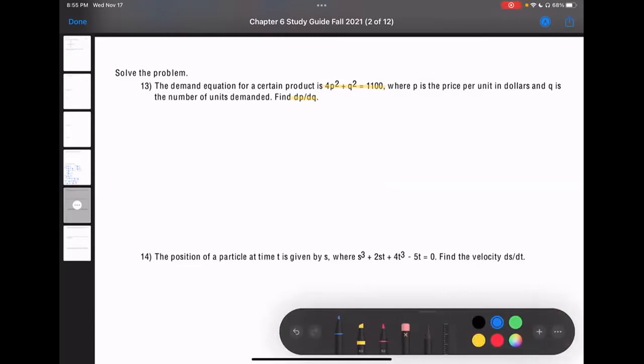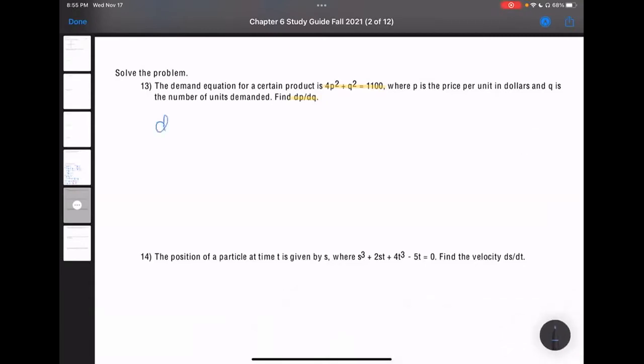Alrighty, so let's find dp dq. We're just going to take the derivative of the entire function with respect to q.